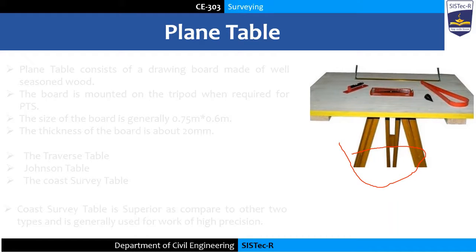Why is the coast survey table used? Because the leveling of the table is done very accurately with the help of three foot screws. That is why the coast survey table is used where a high degree of precision is required.